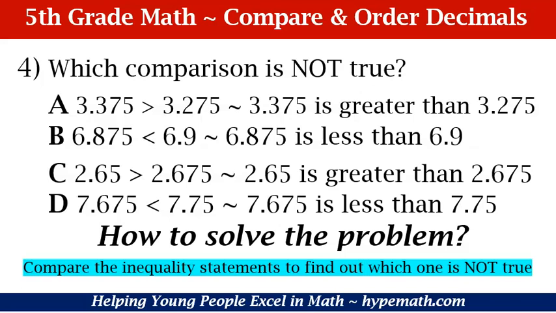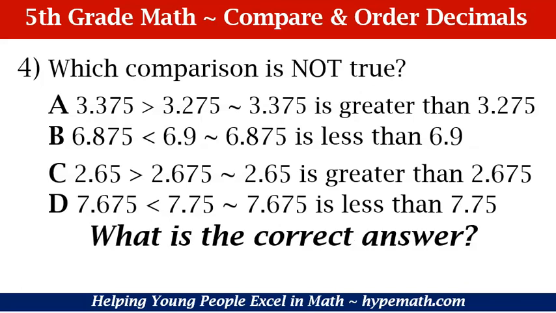So, in looking at all of our answer choices and remembering what each of the inequality signs is saying, which one of these are we going to say is not true or absolutely false or absolutely wrong in the comparison of the inequality?